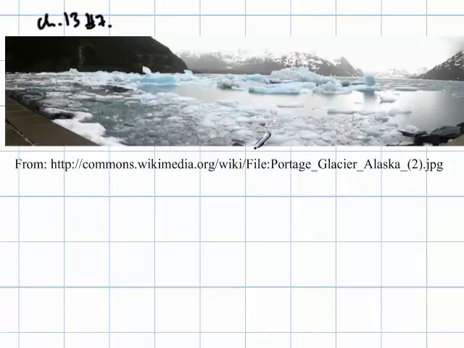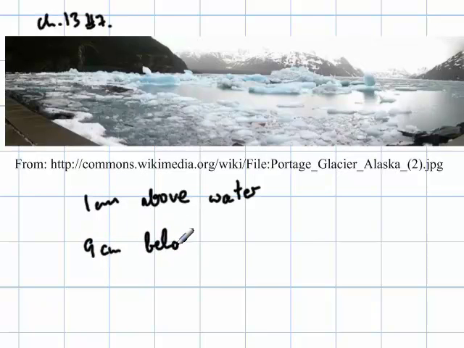I just took a picture here of some icebergs in Portage Glacier in Alaska. If we have 1 centimeter above water of a 10 centimeter ice cube, that means that 9 centimeters is below the water surface.